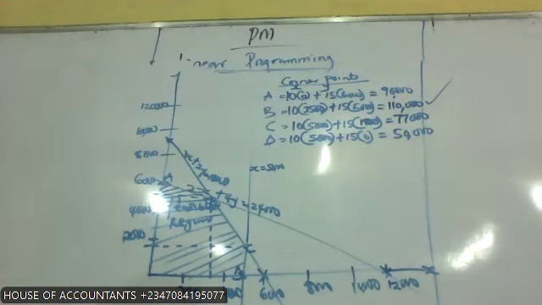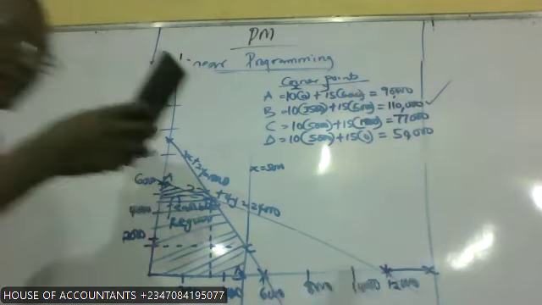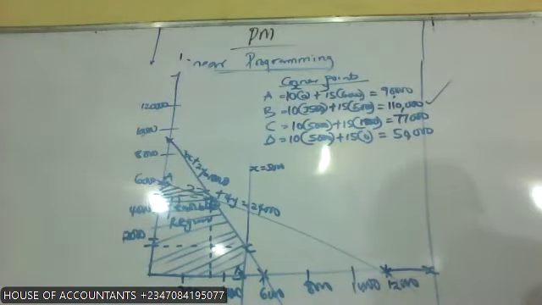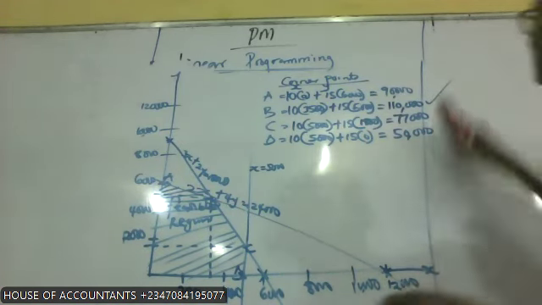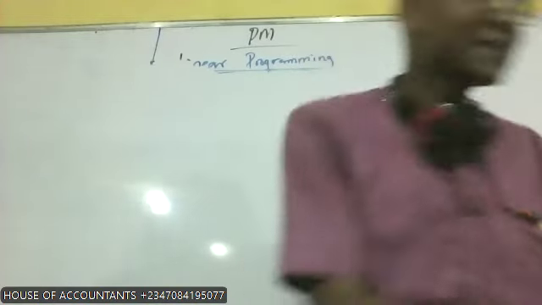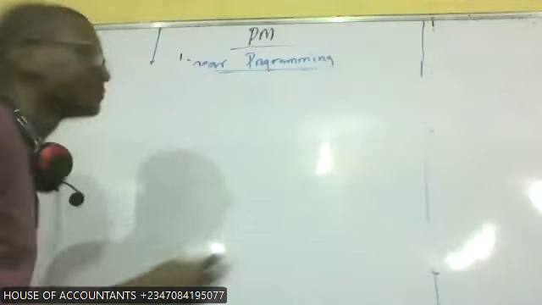The ultimate point? Oh, yeah, right. So the optimal point is point B. We have not even done the part we are supposed to do, the shadow price. Very quickly, let's do the shadow price. Now let's go to the new thing we want to learn.